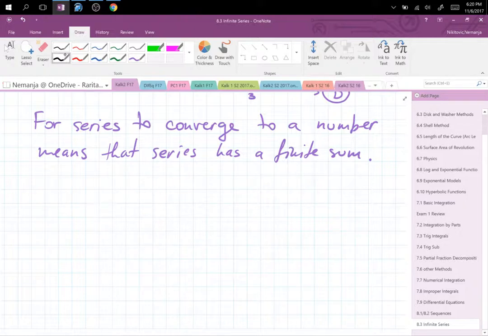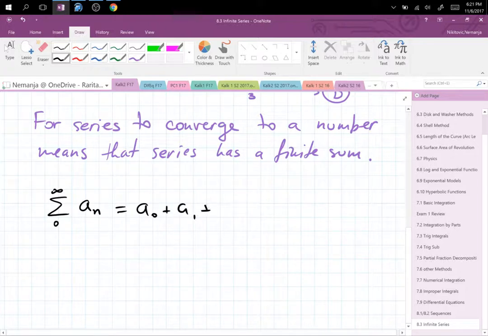I will show you what it means, but again, it's really not practical. Say you have the infinite series from 0 to infinity of a_n. To write this out, it's a0 plus a1 plus a2 plus a3 plus a4 plus a5 plus dot dot dot.